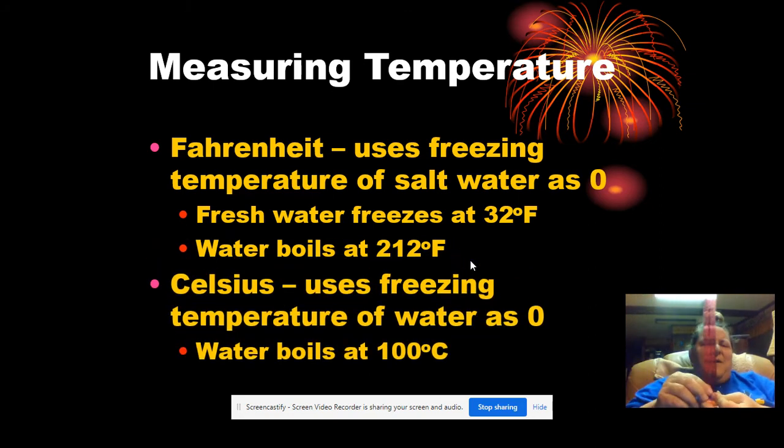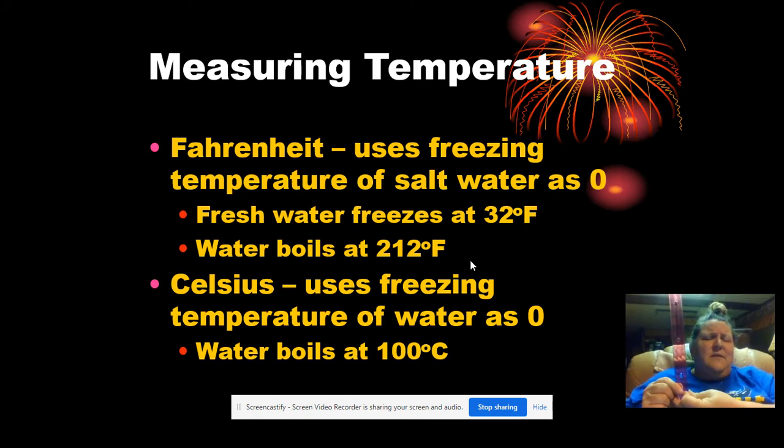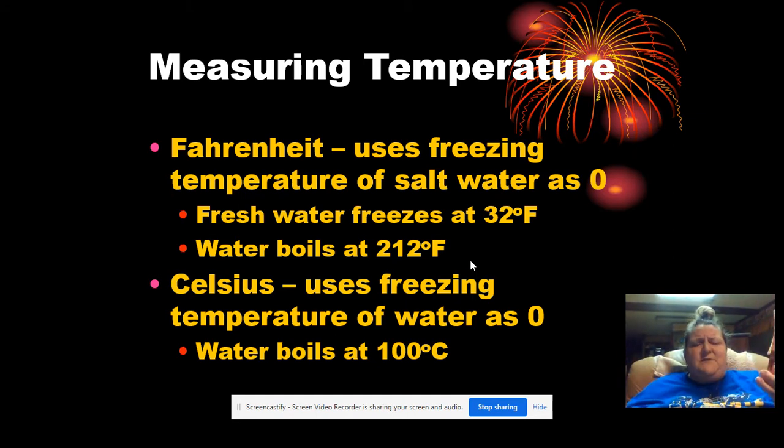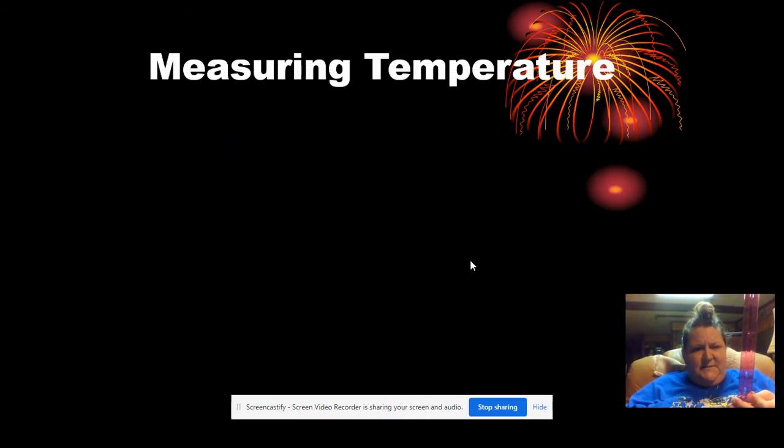The exact same thermometer, change the scale, okay, to Celsius. Most European countries and Canada and those type of countries use Celsius. On the Celsius scale, kind of think of it as the metric system of temperature, it uses 0 as freezing and 100 as boiling for water. Okay, so Fahrenheit and Celsius.